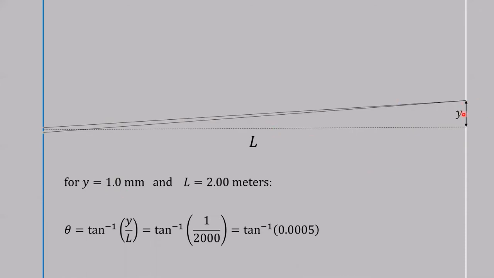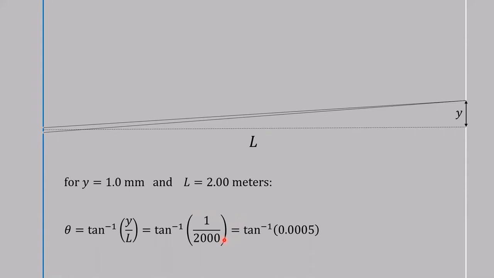We've got the opposite side and the adjacent side as far as this angle is concerned. So in order to calculate that angle, we would take the inverse tangent, or the arctangent, of opposite over adjacent. That's 1 millimeter in the numerator over 2 meters, but 2 meters can be written as 2,000 millimeters.